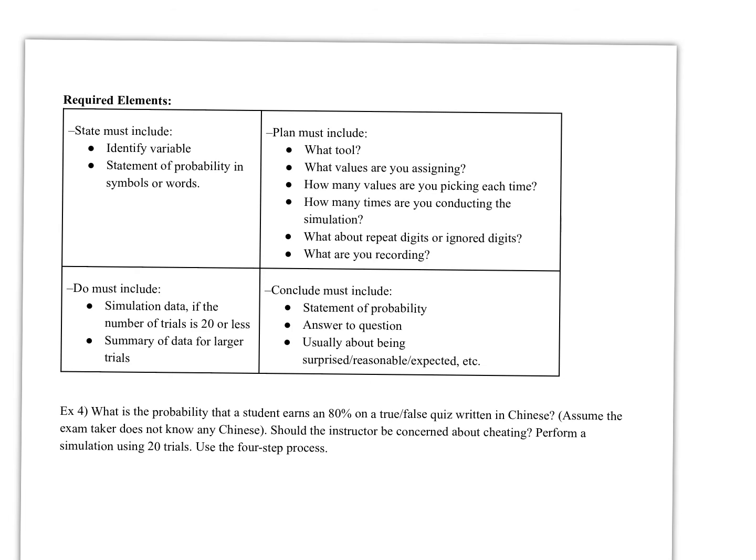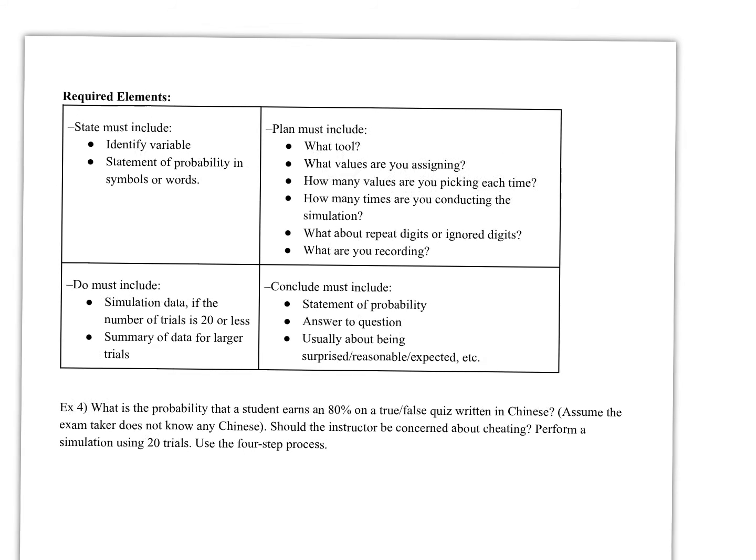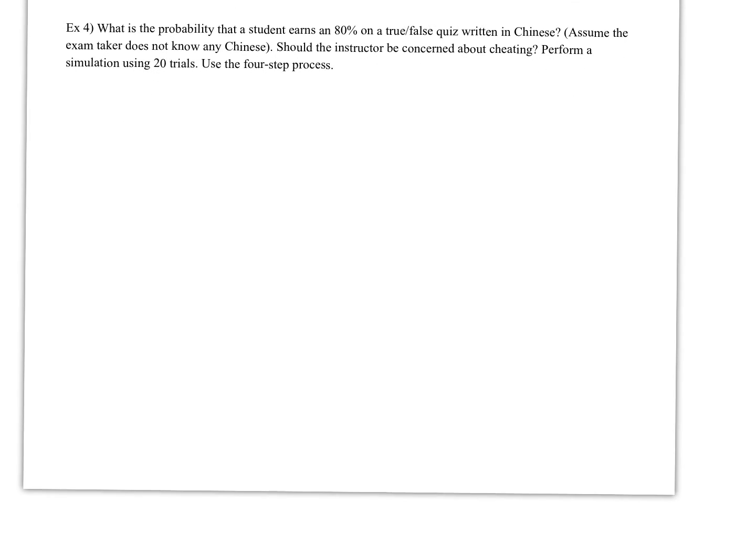The do must include your simulation data if the number of trials is 20 or less, and a summary of the data if we're doing larger trials. And then our conclusion has to have a statement of probability and the answer to the question, and usually when we're answering the question, we're talking about whether or not it's reasonable or expected or surprising or unlikely. Any of that information we'll do for our conclusion.